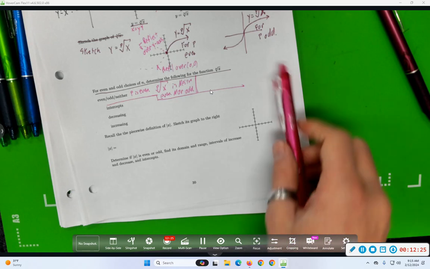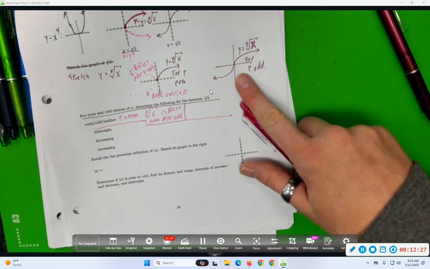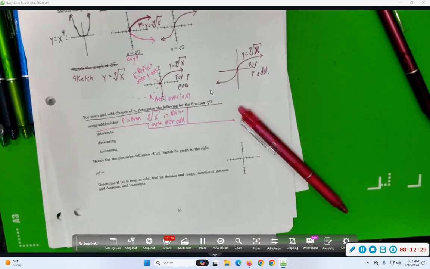What about the odd root functions? Take a look at this graph. Would you say the function whose graph is that is even or odd or neither? Think for a second. Even? Odd?